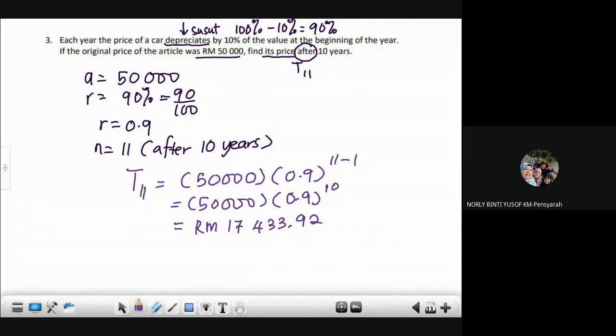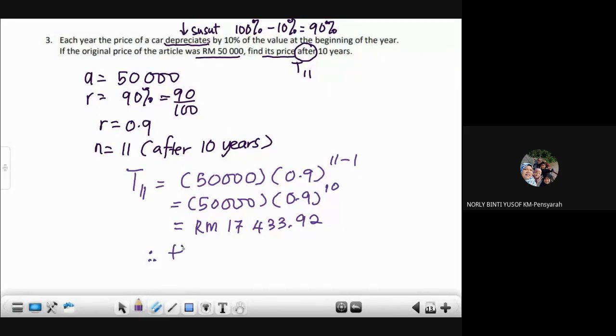17433.92 sen. Dia akan dapat banyak, tapi kalau dapat perpuluhan dia banyak, round off to 2 decimal places. Sebab money kan, money is 2 decimal places. Kalau you dapat perpuluhannya banyak, round off lah dalam 2 decimal places. Tapi kalau dapat sebiji macam soalan nombor 2 tadi, RM44.05, then okey lah. Kalau dapat banyak, then round off to 2 decimal places. About money.